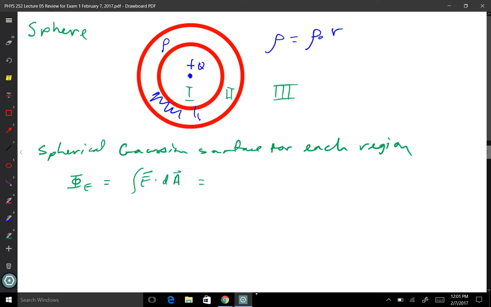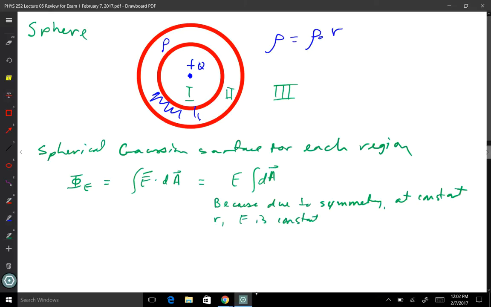But because due to symmetry at constant radius, E is constant and direction is radial, parallel to dA.